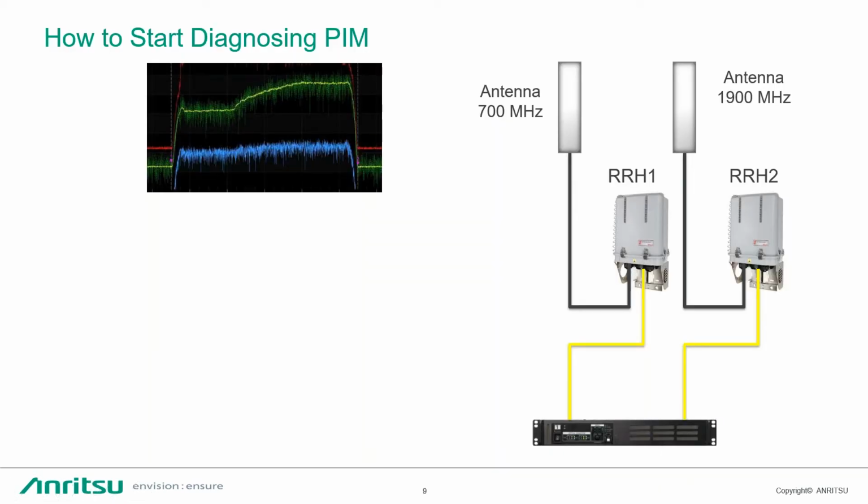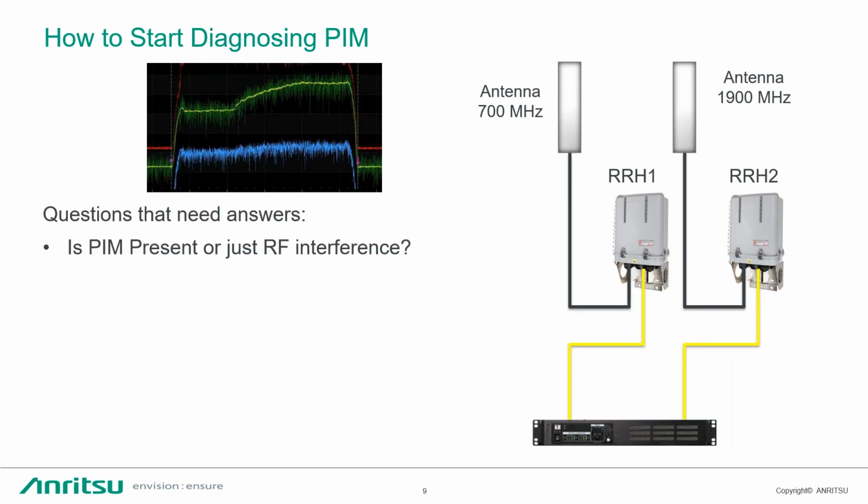All right, so if you do have PIM, you maybe have some degraded KPIs in your reporting, and you maybe are able to look at the uplink and you can see a shark fin or something like that. Let's talk about how to start diagnosing this. There are several questions that a person who has to diagnose this kind of problem has to go through.